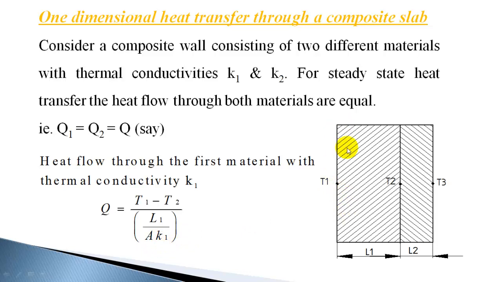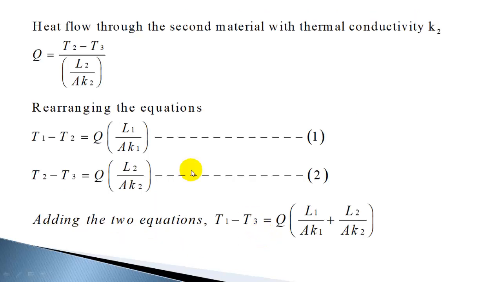A is common, the area is common for the first slab and second slab also, so I am taking this A. Otherwise I should denote by A1. Similarly, through the second slab, we can write Q is equal to T2 minus T3 divided by L2 by AK2.